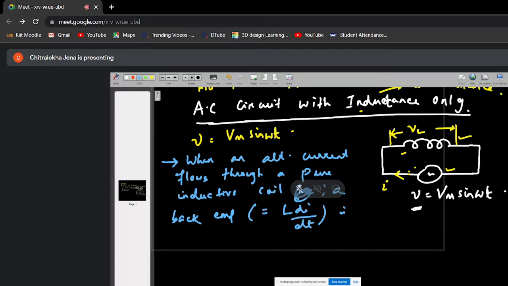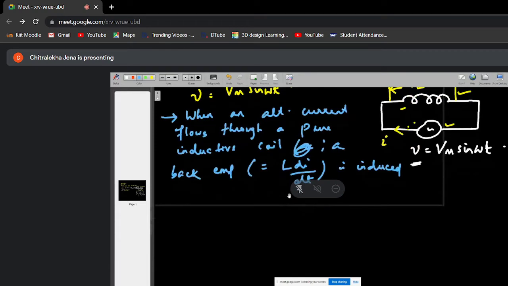This is induced due to the presence of inductance in the circuit.